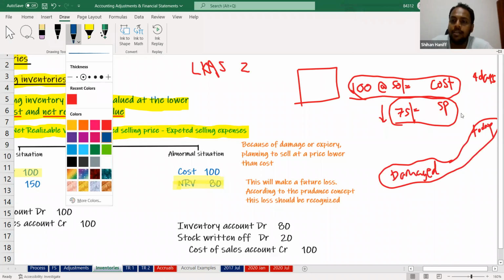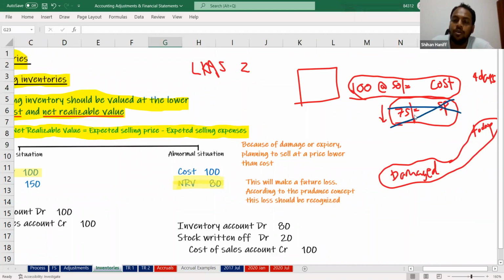If you don't sell it, your entire loss is 5,000. Therefore, somehow you need to get rid of these milk packets and reduce your loss. So you go to the market and sell this at 30 rupees.